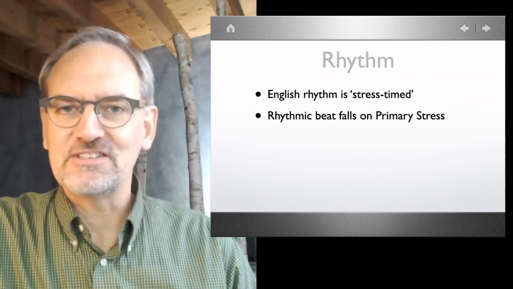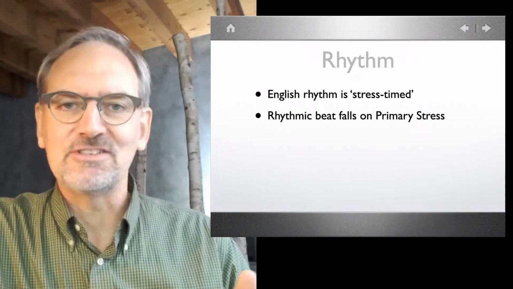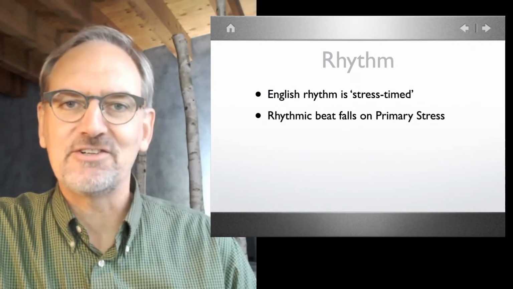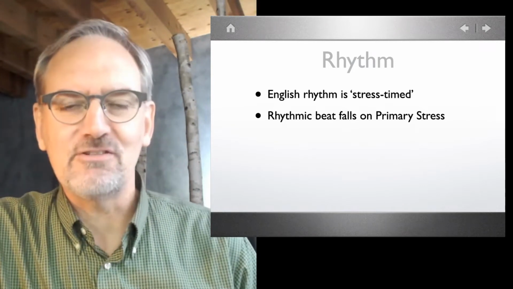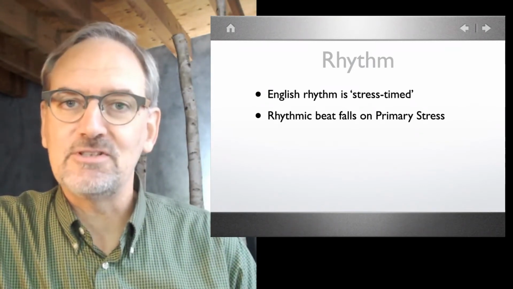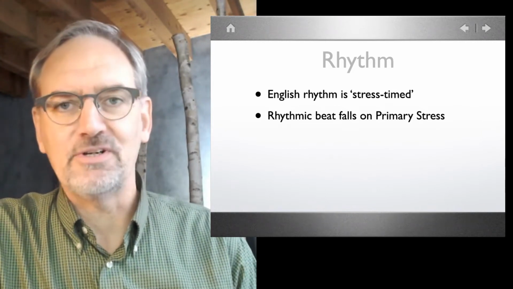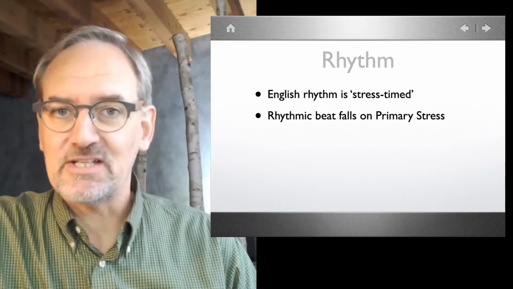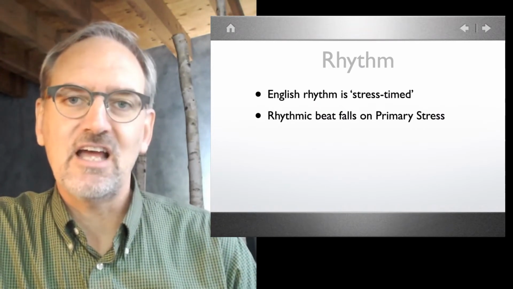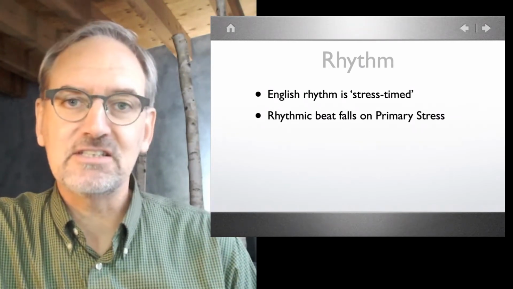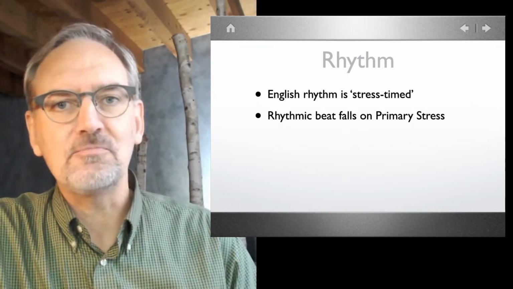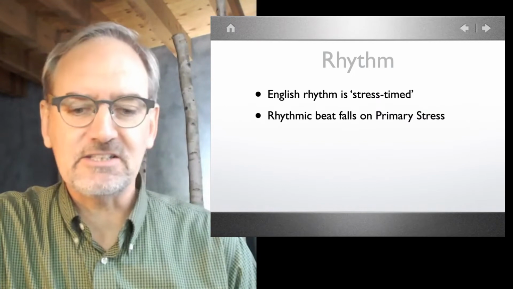So we know, for example, that some syllables are unstressed, and those syllables usually undergo vowel reduction. So the vowel gets pronounced as schwa. And stressed syllables don't have vowel reduction. But among the stressed syllables, there's a difference between those with primary stress and those with secondary stress. Primary stress usually includes higher pitch than secondary stress.